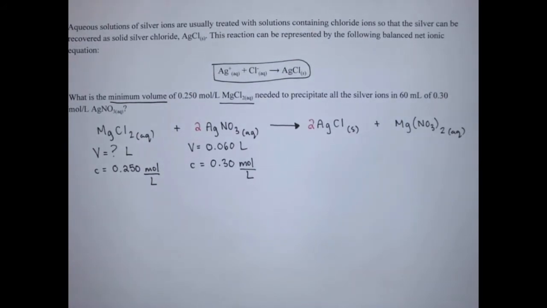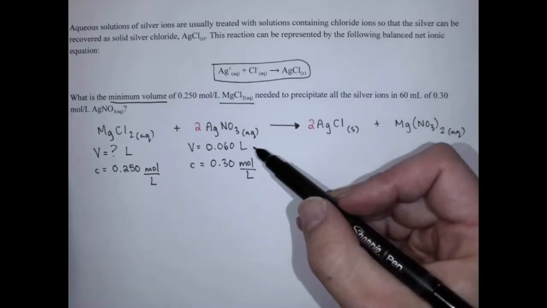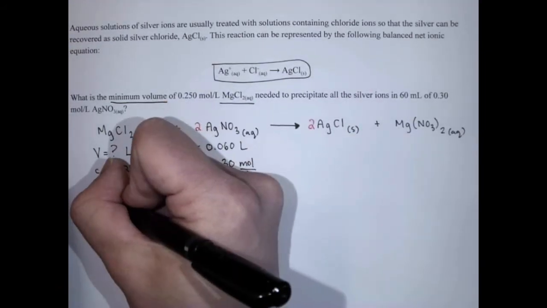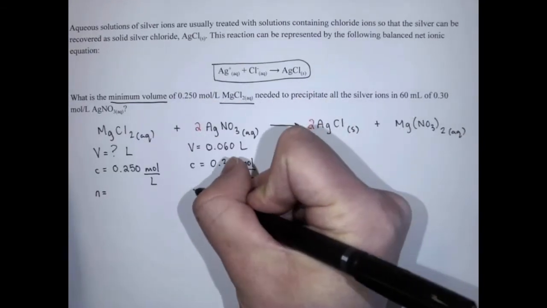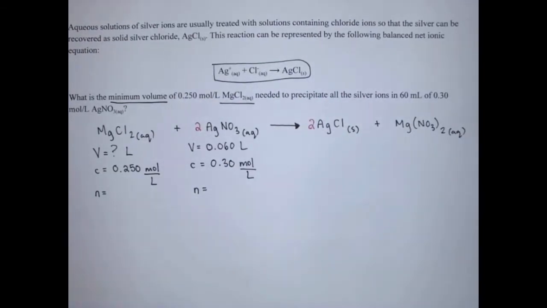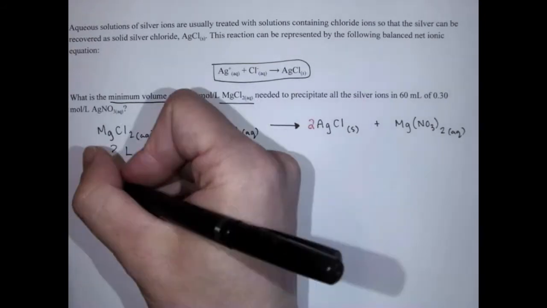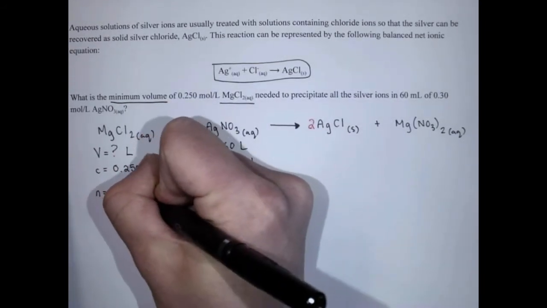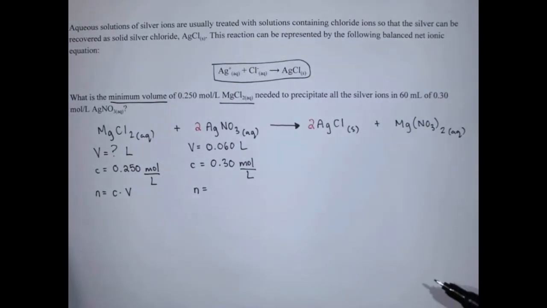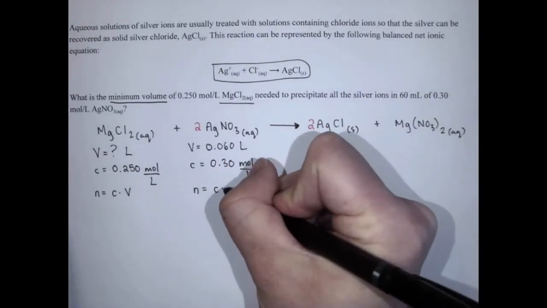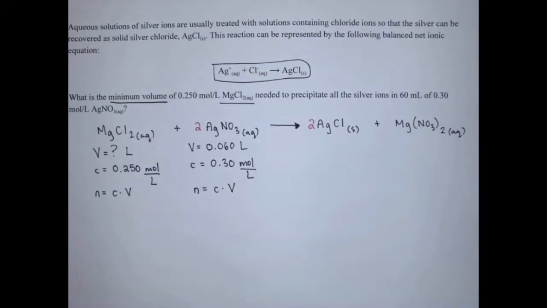So what's the common thing that we're doing in every stoichiometry problem? We're always going to be converting our initial measurements into moles. So I need to figure out moles of magnesium chloride, and I need to figure out moles of silver nitrate. And how do we do this? Well, you might recall that we can calculate moles using the concentration of a solution and its volume. You multiply them together. So concentration times volume gives you the moles.